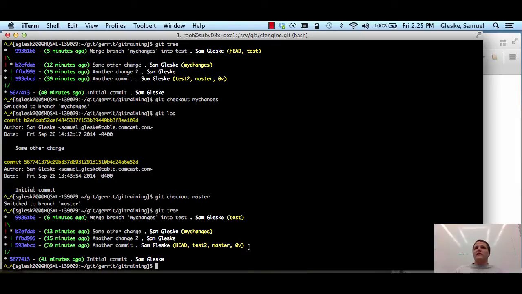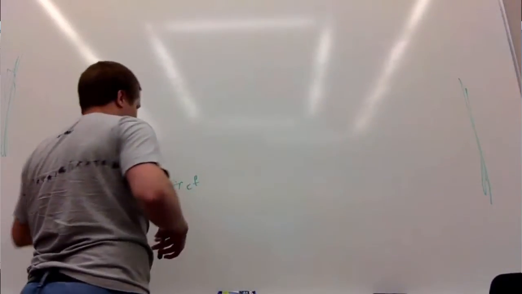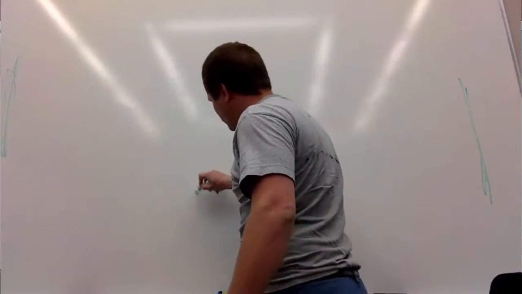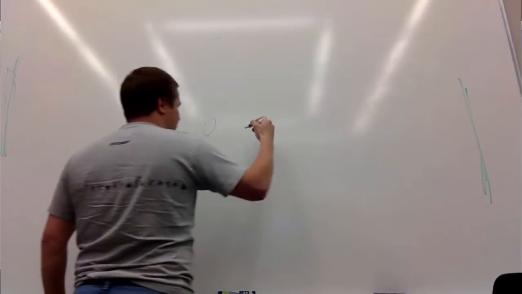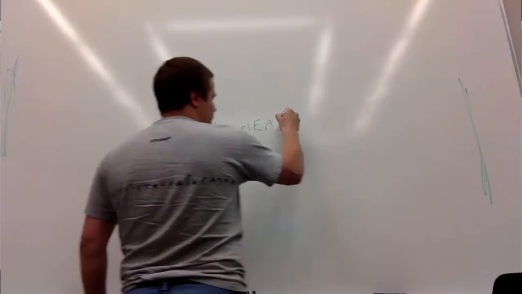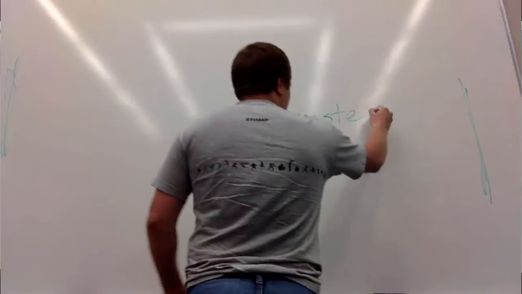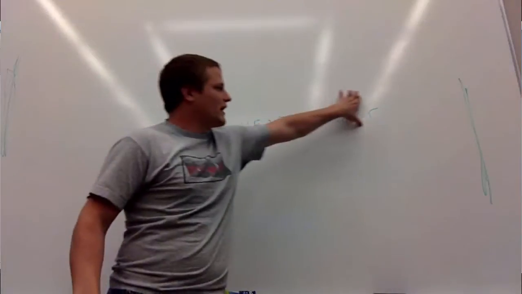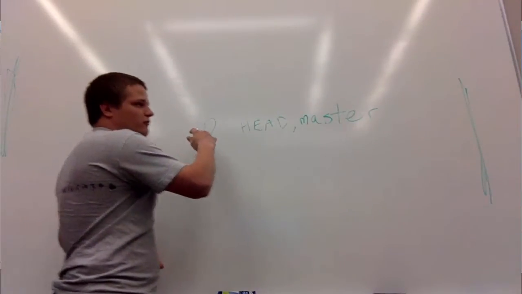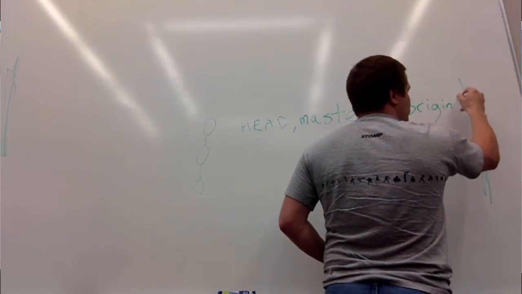So let's say we want to rebase. Let's talk a little bit about what rebase does. Let's go to the whiteboard here. So you have a series of commits. We'll say your head is here, your master's here, and let's say in a hypothetical scenario you're in your local master, and our origin master is here because you've cloned it.